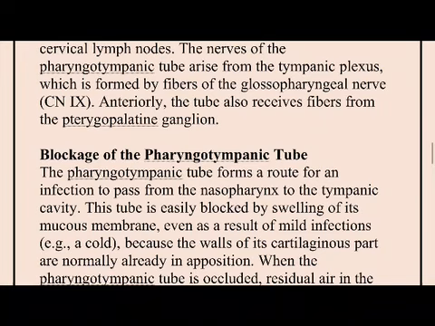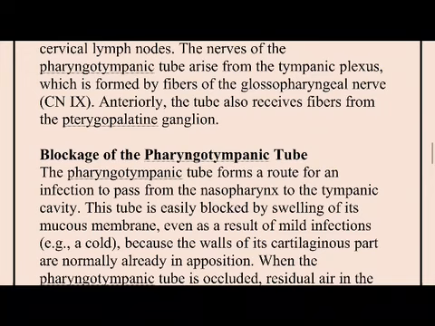Now let me talk about blockage of the pharyngotympanic tube. You must know that the pharyngotympanic tube forms a route for an infection to pass from the nasopharynx to the tympanic cavity. So the tube is easily blocked by swelling of its mucous membrane when there is infection.